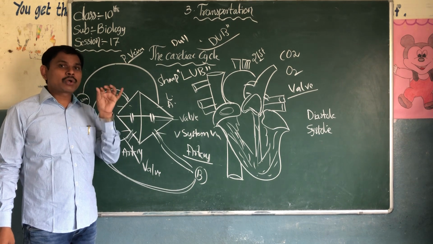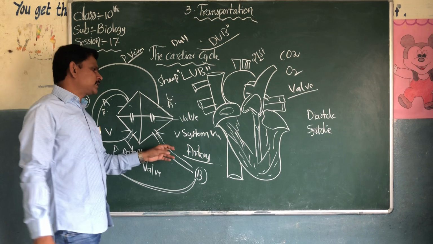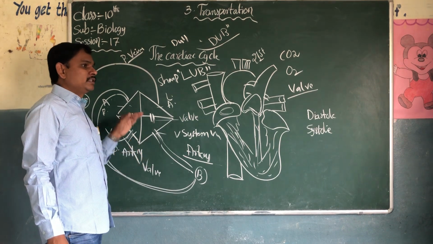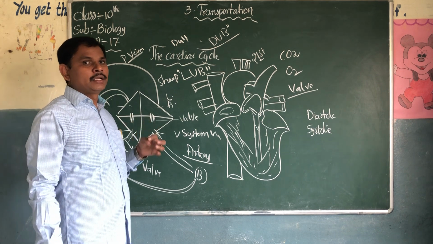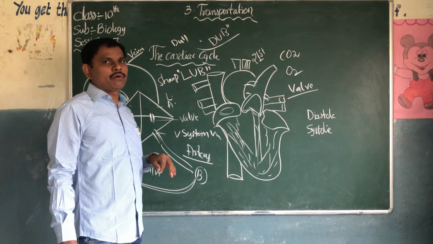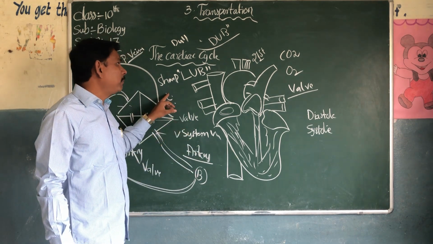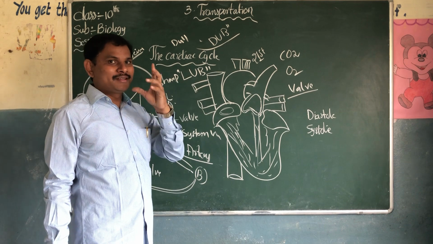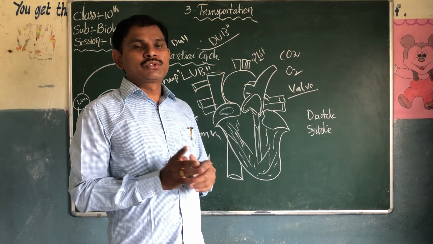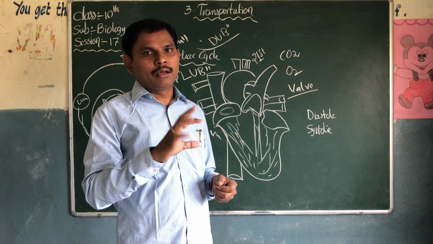A valve is going to close to prevent reverse flow of blood: the systemic valve and pulmonary valve. When these valves close, you can hear a dull sound, called dub. You can hear a lub, dub. That's why the heartbeat sounds like lub, dub, lub, dub.